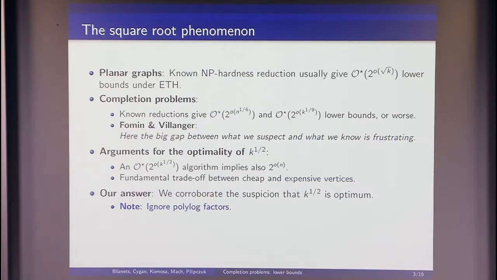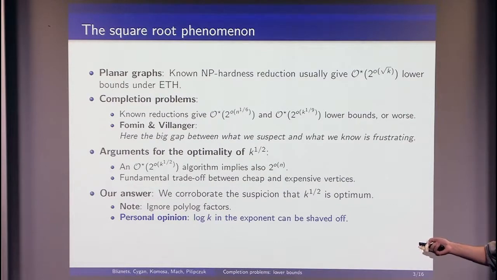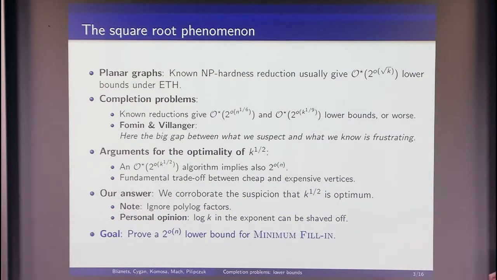For the purpose of this talk, I will just ignore polylog factors. If in my lower bounds I lose some polylog of k in the exponent, it will be fine for me. In my opinion, this log k in the exponent should be possible to shave off, and the correct answer should be simply 2 to the order of square root k. But as I said, so far we are very far from this goal.